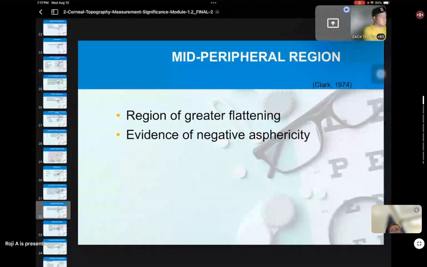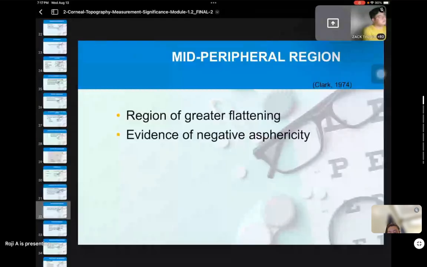If you go away from the apex, what's happening? It will flatten. Very good. Isn't that logical? You don't have to tell me that, you don't have to put here region of greater flattening. Duh. Right, Zach? This is a big duh.